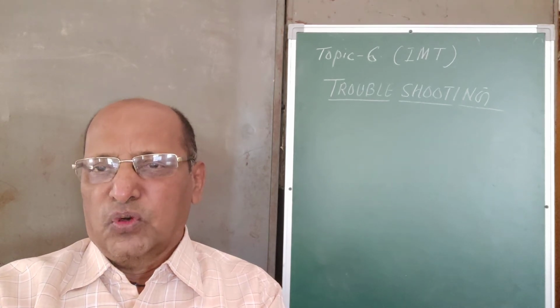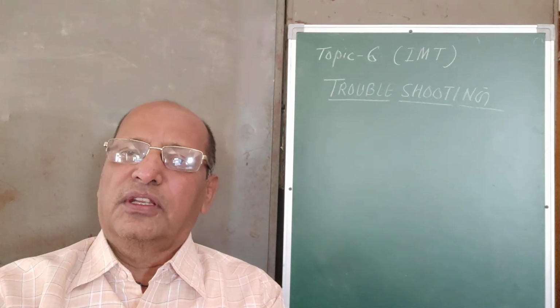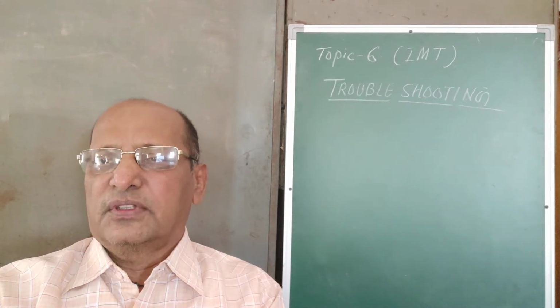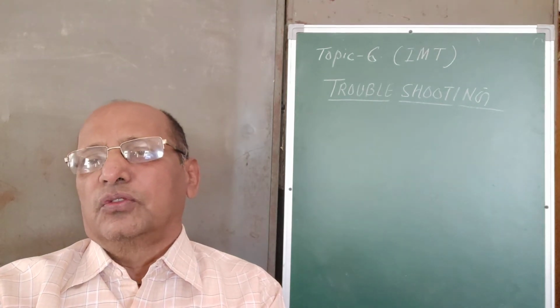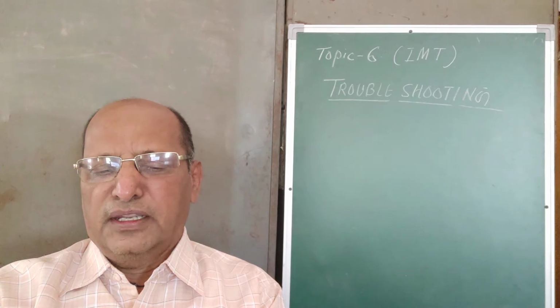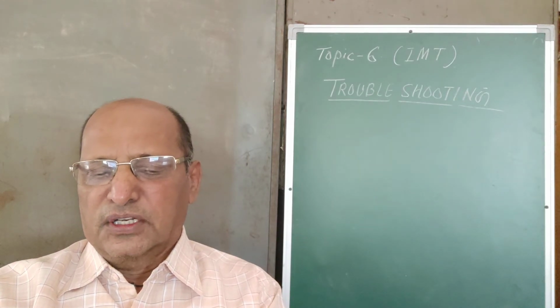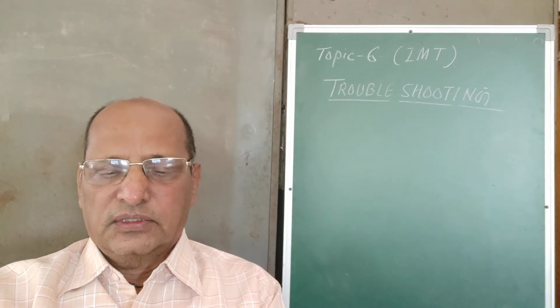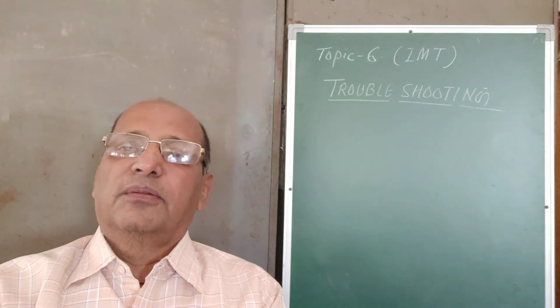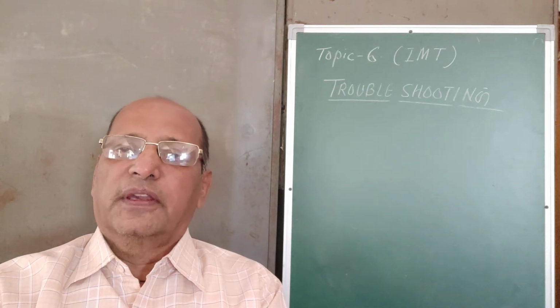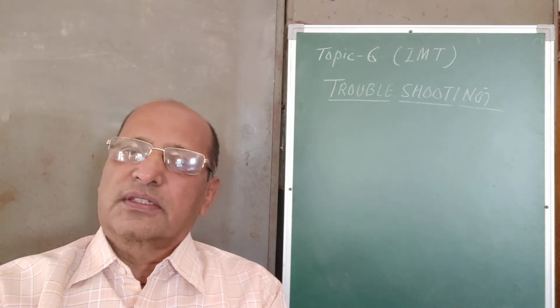So you open the motor and find out the continuity of each winding. If it is a 3-phase motor, you check the 3-phase winding of the motor for its continuity. If it is okay, then there is no problem, and the motor will start running.